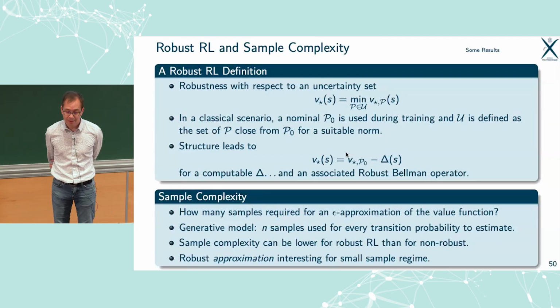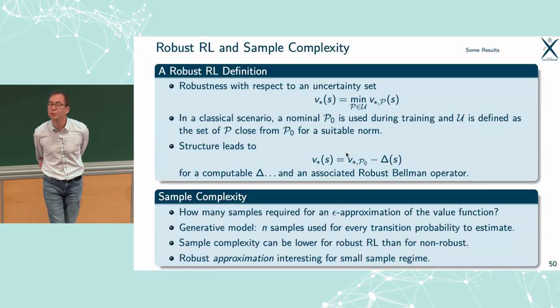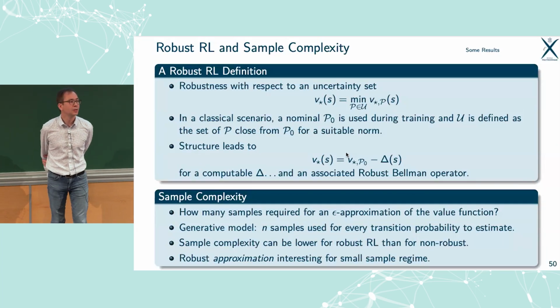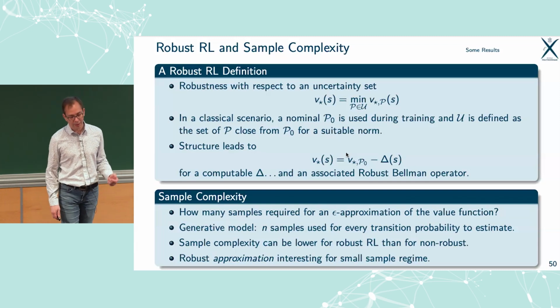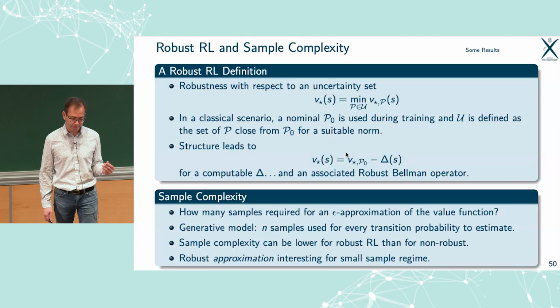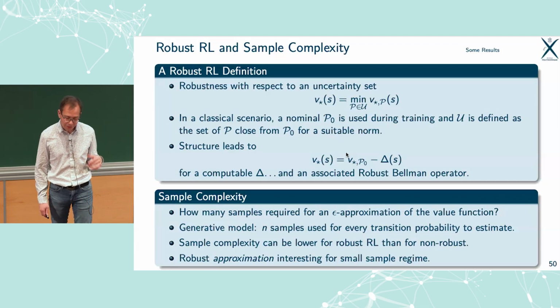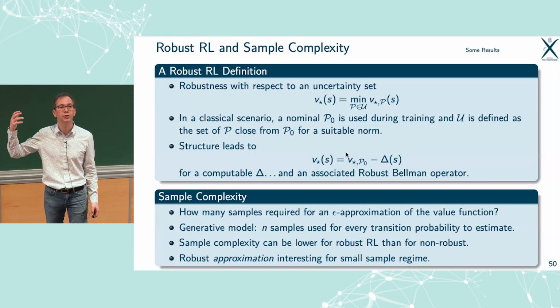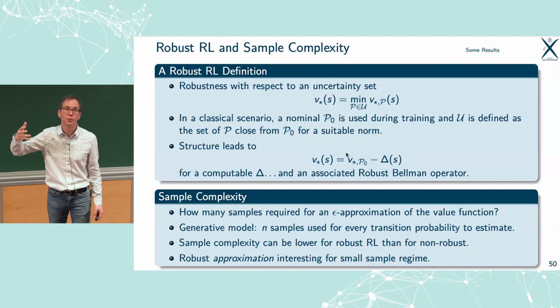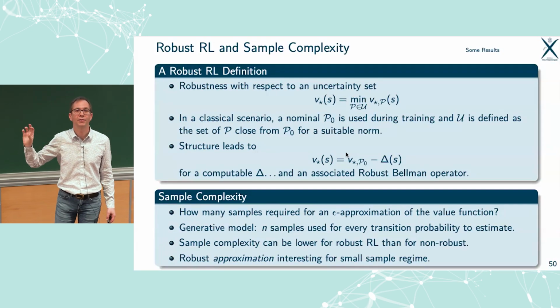And Pierre has been very brave to tackle this problem from the theoretical point of view. So he tried to measure whether it's harder or not to find a solution of a relaxed problem in which you want to be robust to change in the environment.